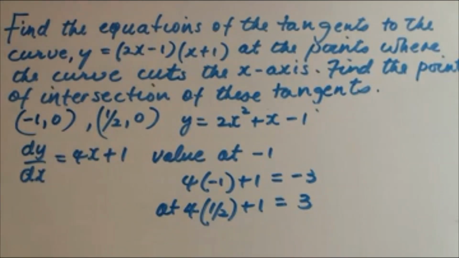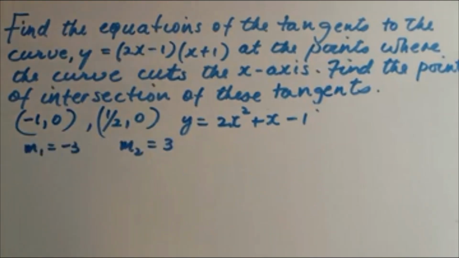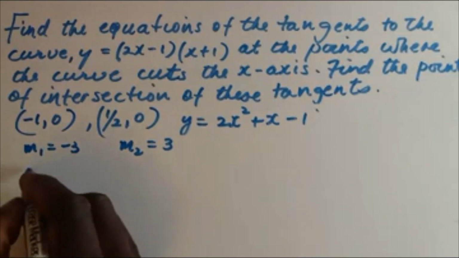And now we could go ahead and find the equations of these tangents to the curve. So we call the gradient at -1, 0, which is -3, m1, and m2 is the gradient at the point a half, 0. Let's find the equations of the tangents.